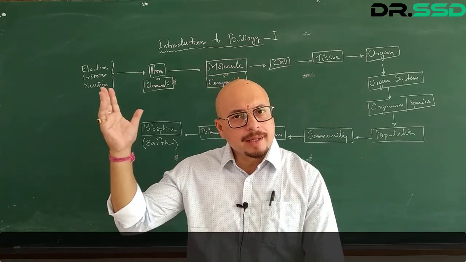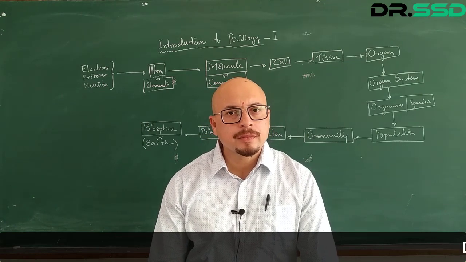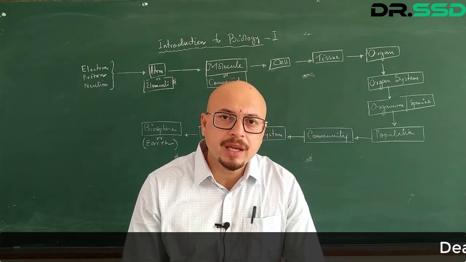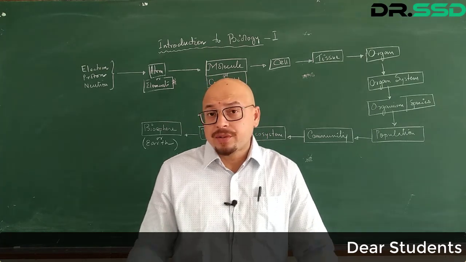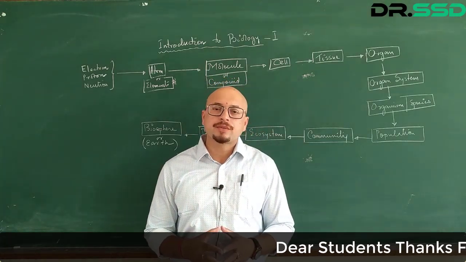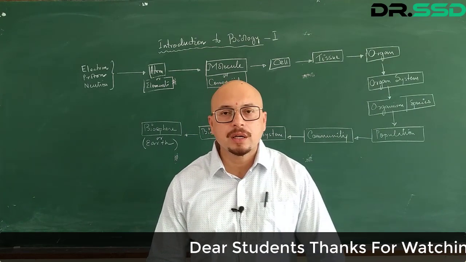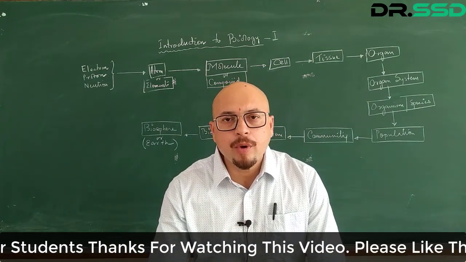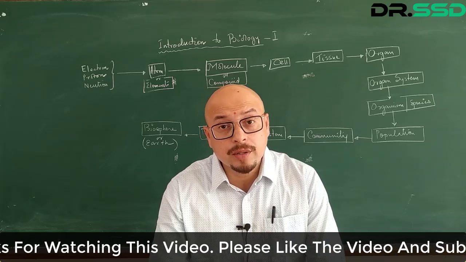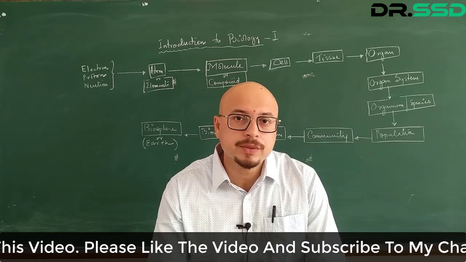So had there been no light, there wouldn't have been production of a chemical-rich molecule like glucose. And if there is no glucose, then forget about life on Earth. Because each and every heterotrophic organism is dependent upon that primary source of energy, that is glucose.